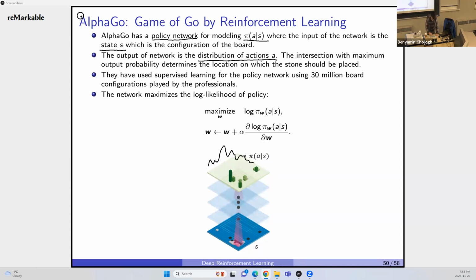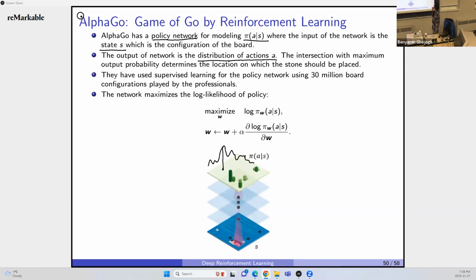If one of the dots has a larger probability after softmax, it means put the next stone there. Because the computer is either white or black, it knows its color. Then it tells the computer, put your stone of your own color on that dot.